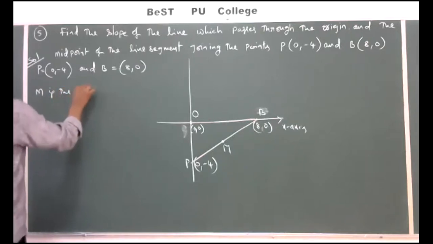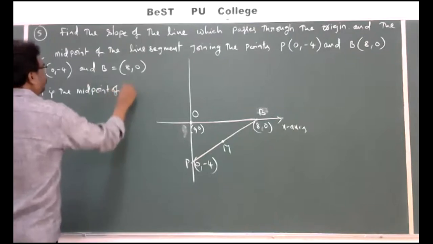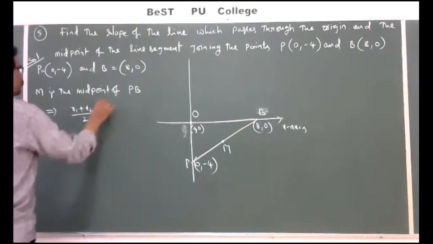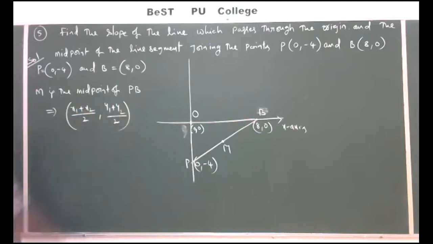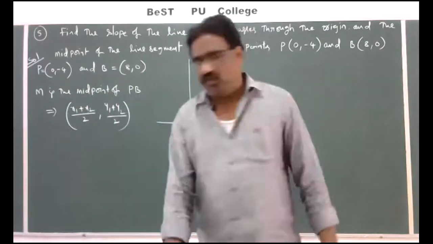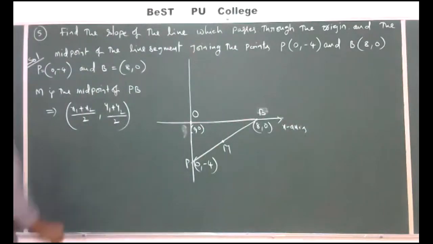M is the midpoint of PB. You know the midpoint formula. The midpoint of the line segment joining the points (x1, y1) and (x2, y2) is ((x1 plus x2) by 2, (y1 plus y2) by 2).